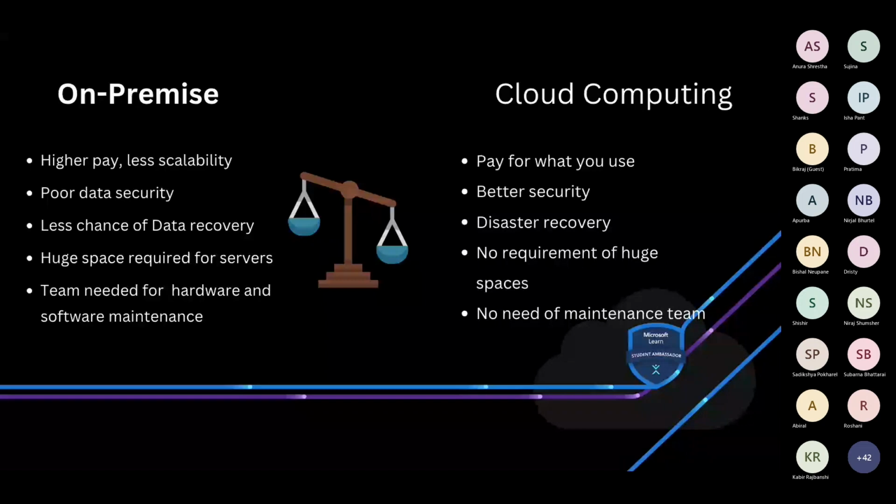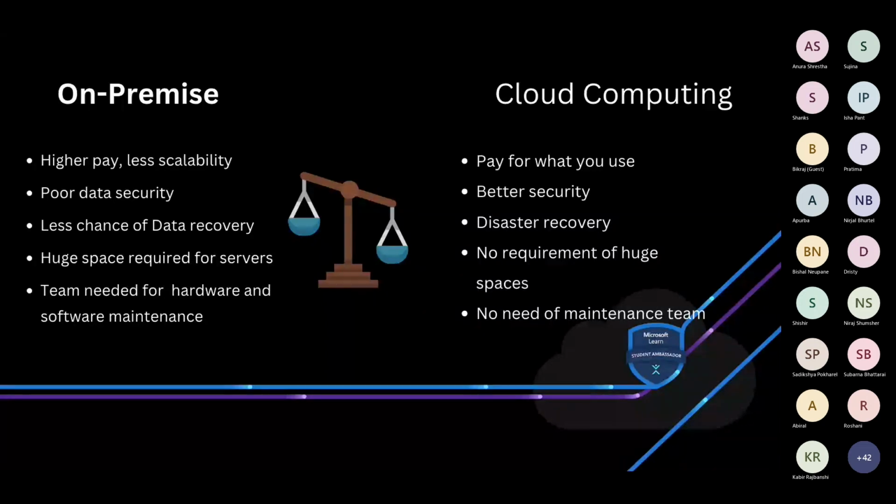So let's weigh the pros and cons, or differentiate between on-premise and cloud computing. The first difference, which is very evident, is higher pay and less scalability on the side of on-premise, because you are paying for the hardware, the physical devices, which you don't know will serve you till its time, or that you can utilize freely, and you are just buying hardware upon hardware.